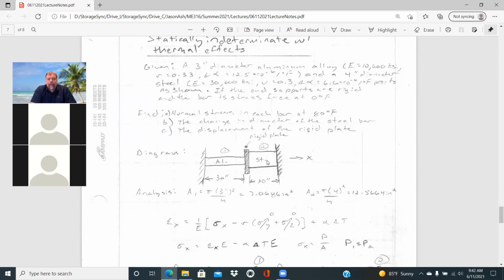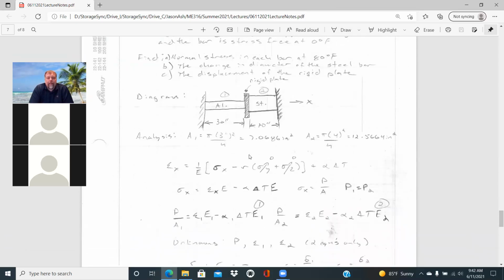And in this initial state, the end supports are rigid and the bar is stress-free at 0 degrees Fahrenheit. What we want to find is the normal stress in each bar at 80 degrees Fahrenheit, and really also the change in diameter of the steel bar and the displacement of the rigid plate.